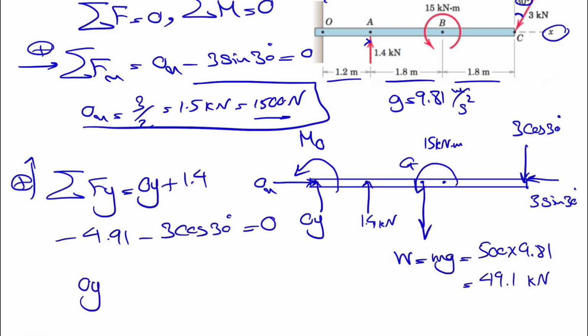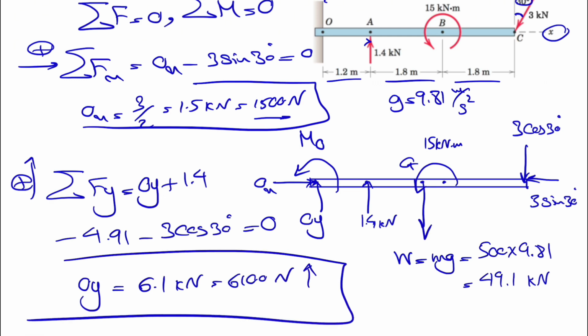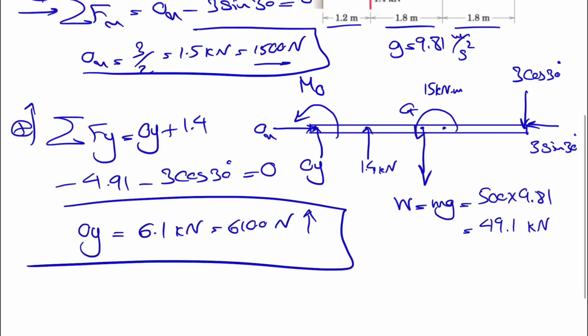We only have OY as an unknown; the rest are values that we already have. This gives us 6.1 kilonewton, or 6100 newton. Again, no negative sign, which shows that the direction for OY was correct. So we found 2 of the unknowns. There's only one left, and that's the MO that we were looking for.